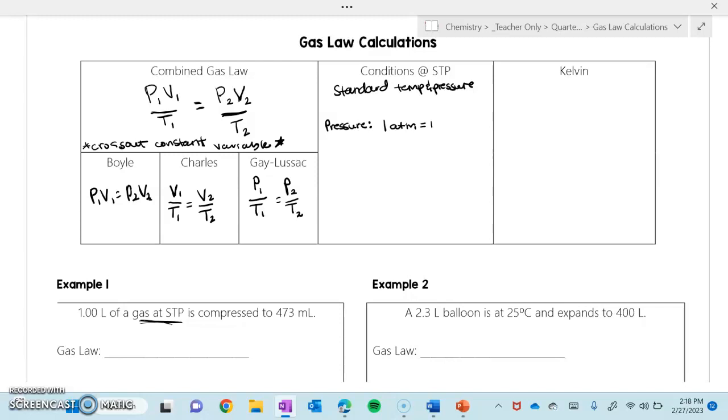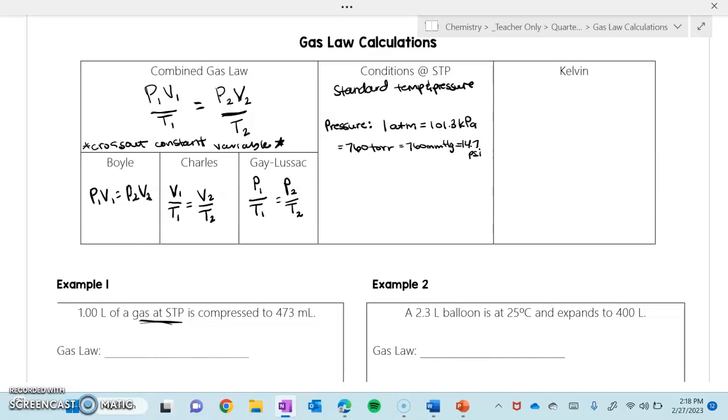But then we've also listed some new ones last week. So we've got kilopascals, that's 101.3. If we're going to do torr, 760, and that's the same as millimeters of mercury, and it's 14.7 psi. So there's all the different pressure units that you could possibly use.